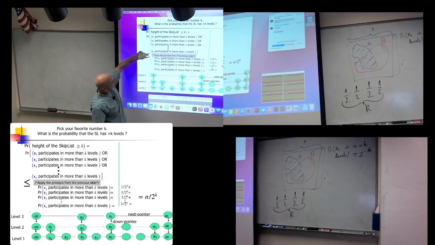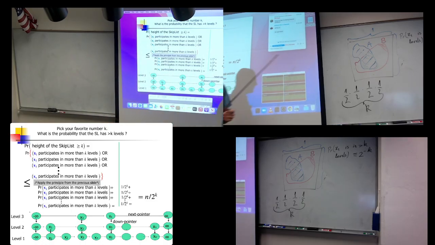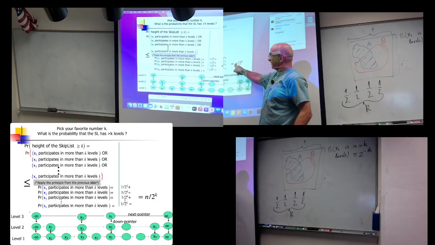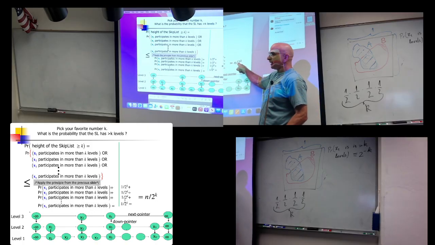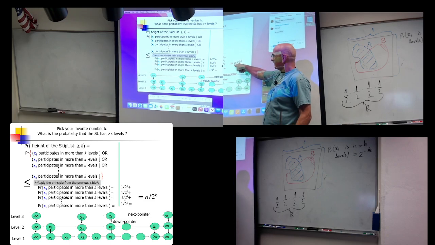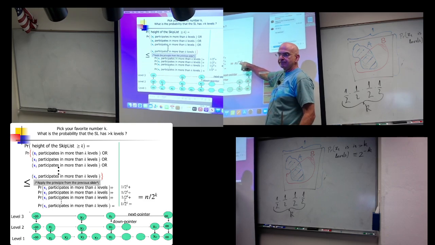This number is smaller or equal to the probability that it happens only to x1, plus the probability that it happens only to x2, plus the probability, and so on. There are n keys. For each one of them, the probability was 2 to the minus k, 1 over 2 to the k. So the overall number is n times 1 over 2 to the k.